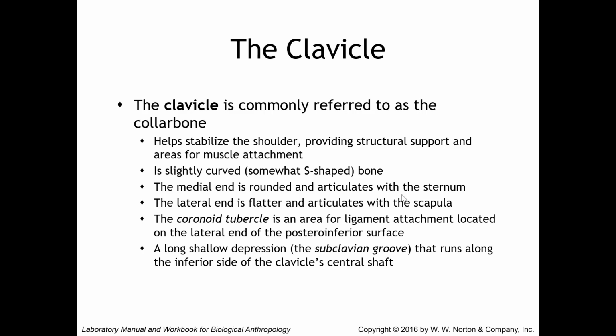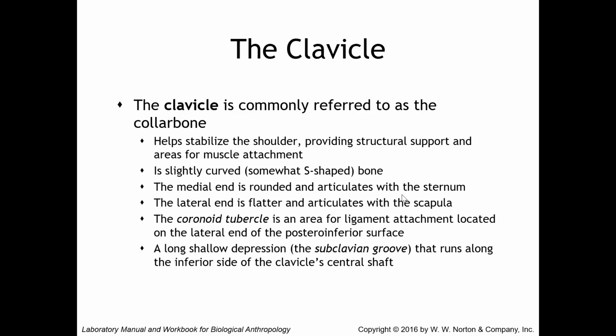You've got the conoid tubercle, which is an area for ligament attachment, and it's located on the lateral end of the posterior-inferior surface. There is a long, shallow depression called the subclavian groove, and that runs along the inferior side of the clavicle's central shaft.